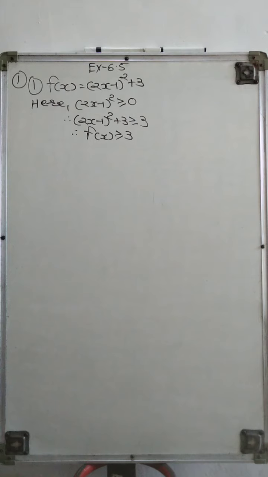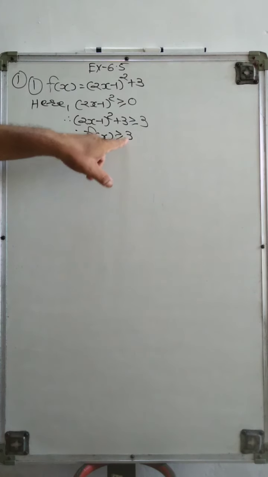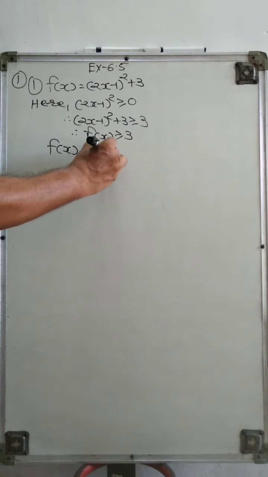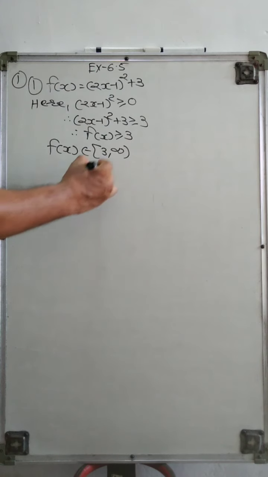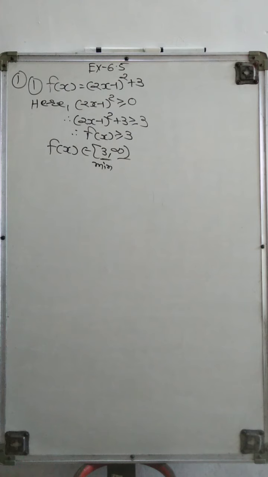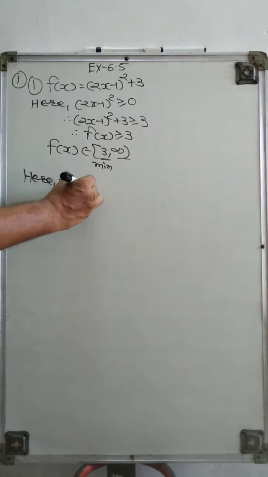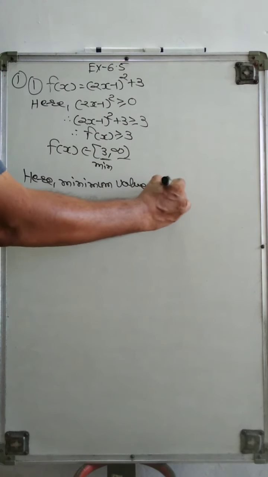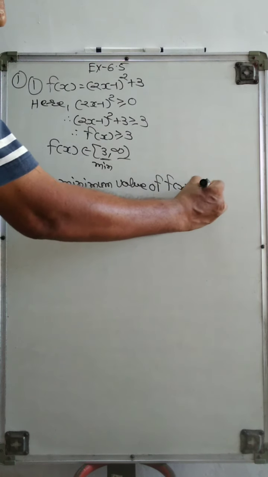Therefore, we can say that the value of the function starts from 3 and increases up to infinity, right? Therefore, f(x) belongs to [3, infinity). Therefore, this is the minimum value and maximum is not obtained. Here minimum value of f(x) is 3.